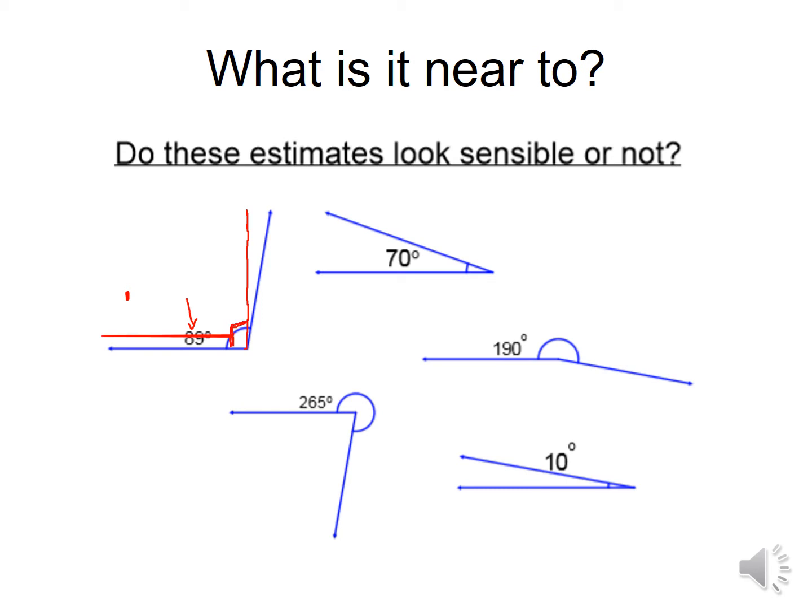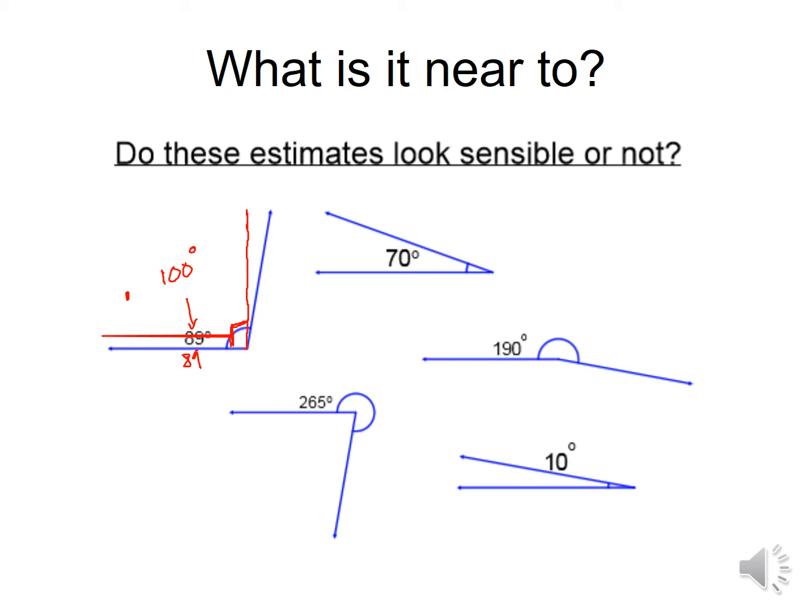But the thing is, we can definitely see that it is more than 90. So a more sensible guess for this might be something more than 90, whereas this, 89, is less than 90. So we know for a fact that it's going to be more than 90. So I'd be more likely to guess something like 100 for this one, because we can see for a fact it's not less than 90.